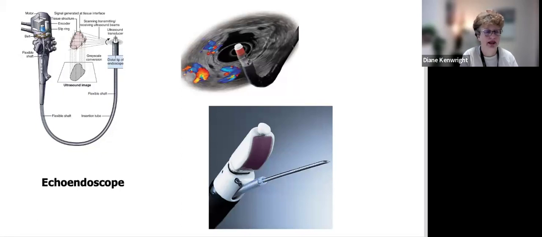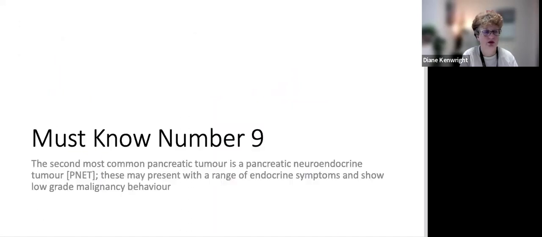Okay, let's move on to must know number 9. Right, the second most common pancreatic tumor is the pancreatic neuroendocrine tumor. These arise from the islet cells, and they produce a range of endocrine symptoms depending on what islet cell they are arising from.